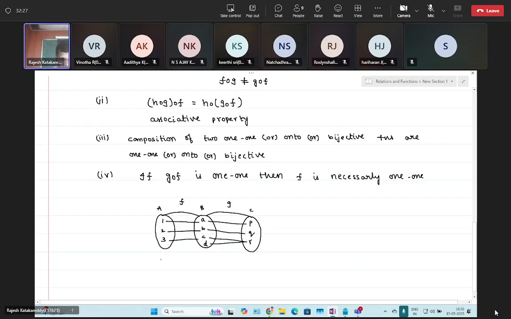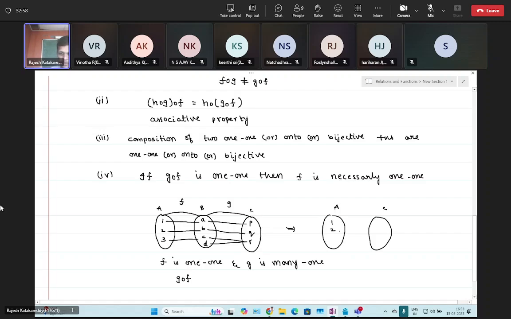So guys, if I see here, what is f? 1-1. And what is g here? g is many-one. Then the composition, what am I getting? g composition f. If you are not able to see there, you can draw here. This is A, this is C here.